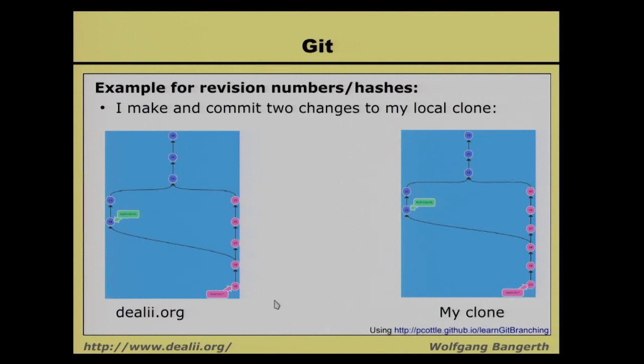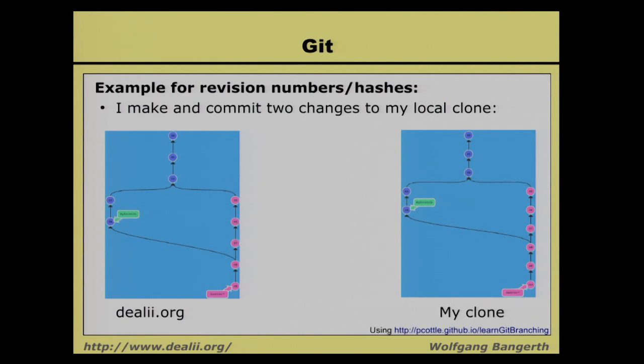What you can see is that there are numbers in this graph for illustrative purposes. This was revision 8 here, and of course it matches exactly this revision 8. But the revision 9 that somebody else committed here has nothing to do with the development that I have made here with revision 9. So we can't agree anymore what revision 9 actually is about, which explains why we can't use numbers.